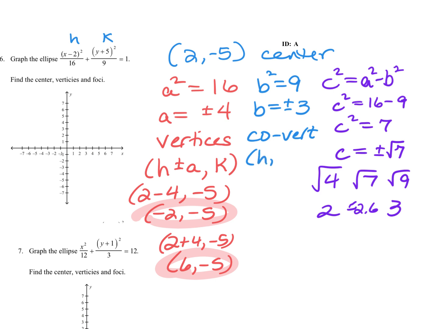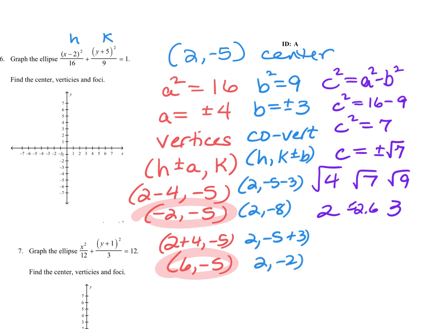So whatever you didn't add it to, I'm going to take my k and add and subtract b to it. So my first one will be 2, and then -5 minus 3. So 2 comma -8, and then 2 comma negative 5 plus 3, so 2, negative 2. These are my co-vertices.